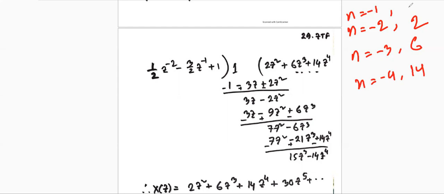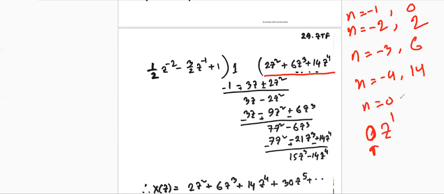I'm talking about what is the coefficient for n equals -1. That means z to the power 1. What is the coefficient from this equation? That should be 0, because you don't have that kind of term here. That's why the coefficient is 0. You understand. And what is the coefficient for n equals 0?